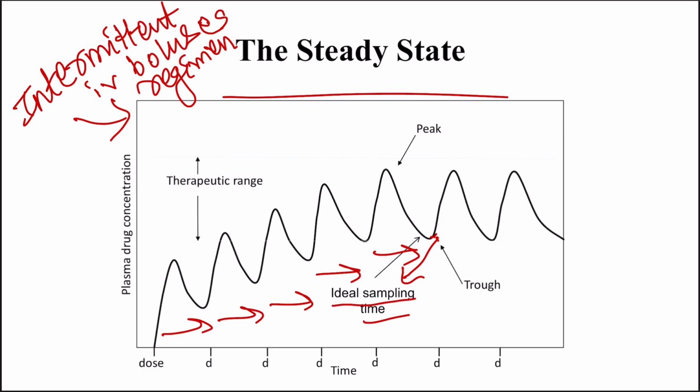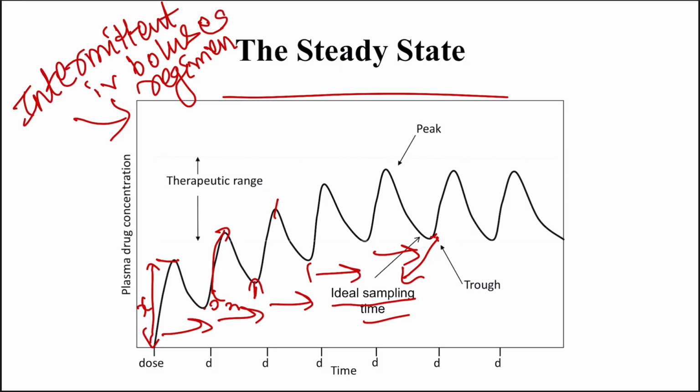And the reason I mentioned that this is an intermittent IV bolus regimen is that, as you can see here, first the concentration increases, and then when you give the next bolus, again there is an increase in the concentration. Here the concentration is supposed to be like X. By this one half-life, it becomes X by 2, and again it increases after giving the intermittent IV bolus, then dips down, then again increases with another bolus, then dips down.